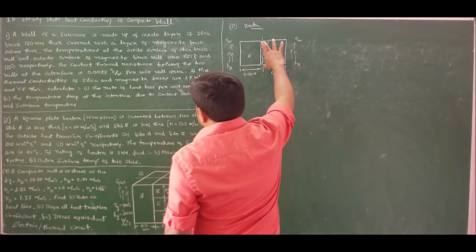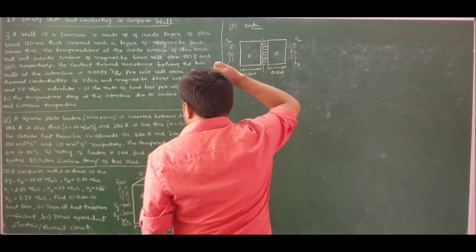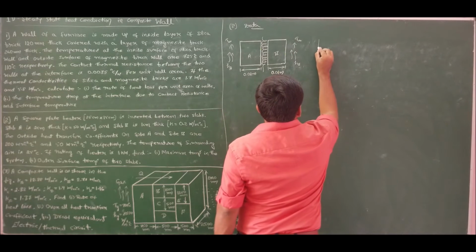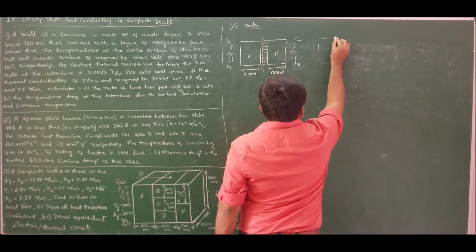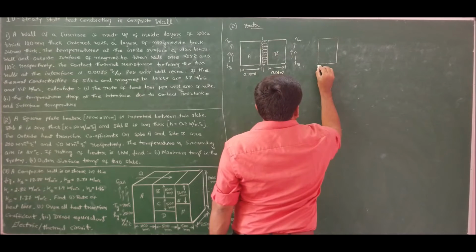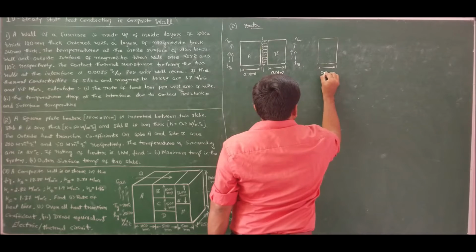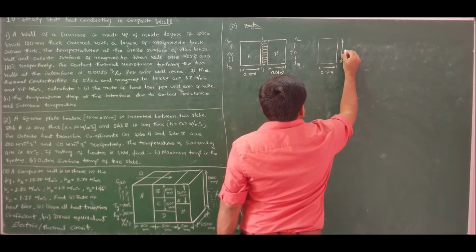Since he has given the cross-section area of this plate heater, if I draw the side view of this, we have a plate heater of area 15 centimeter cross 15 centimeter, that is 0.15 meter cross 0.15 meter.